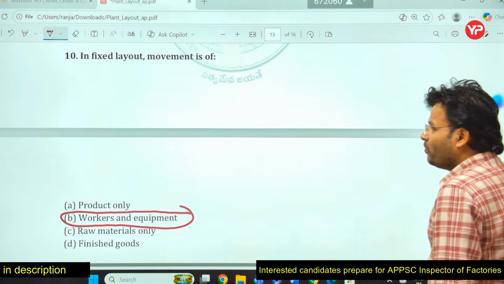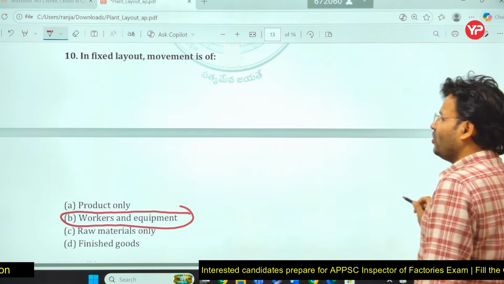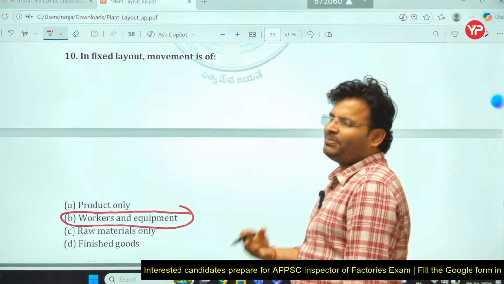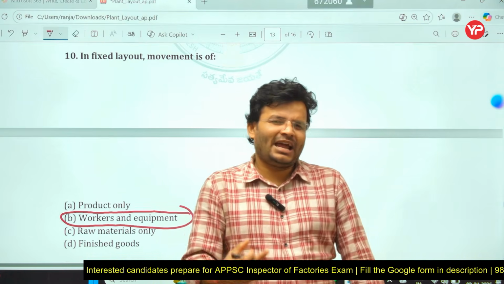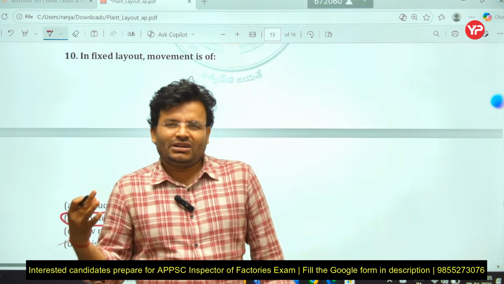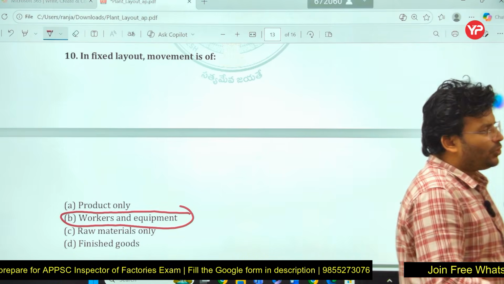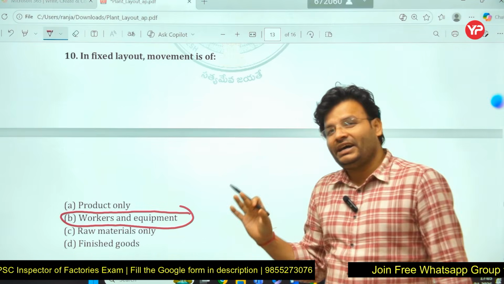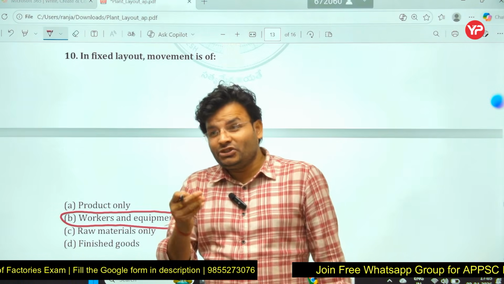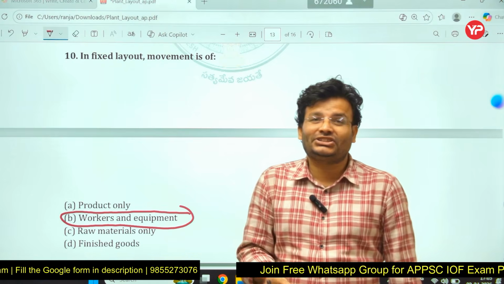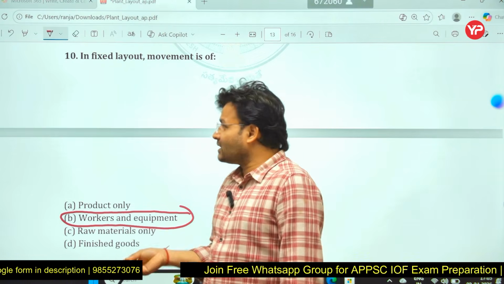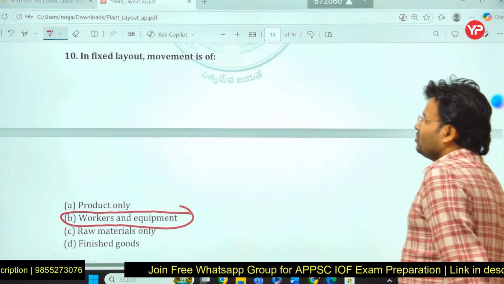So B for Bombay is the right answer in fixed layout. Some examples they may ask: construction of buildings, dams, bridges, even ships, aeroplanes, aircraft, satellites. If you talk about a space station, all that comes under the category of fixed layout simply.